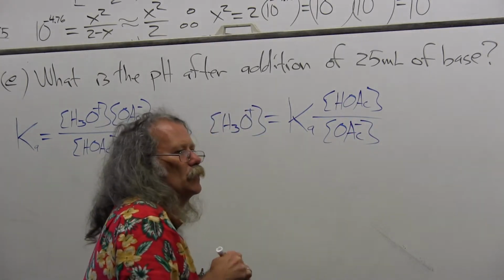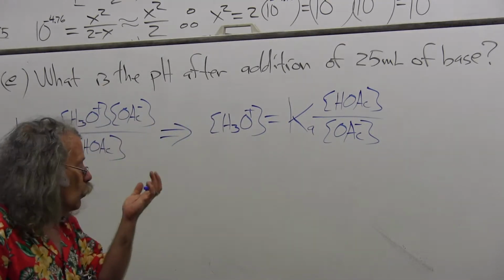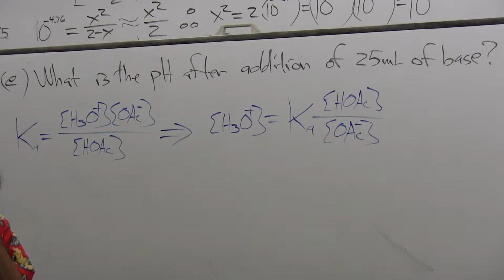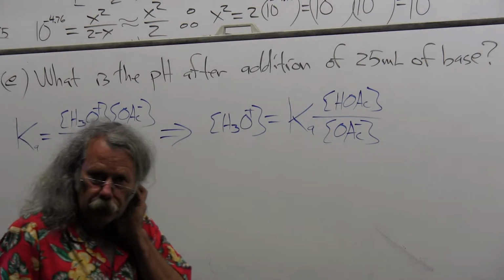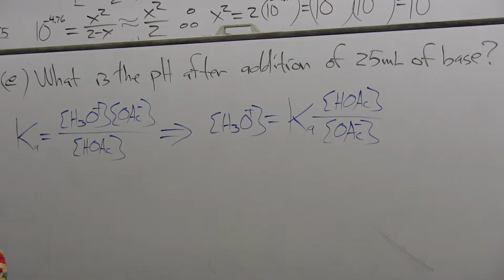And the water drops out. The water is not included. Why? Because it has unit activity, exactly. The water has an effective concentration of 1.